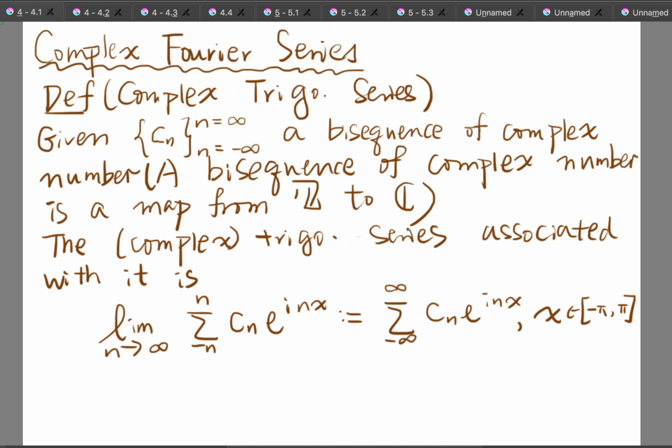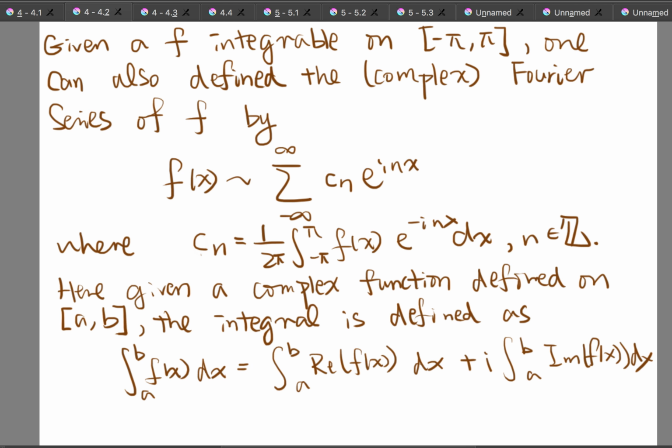And we define it as replacing this n by infinity. This is just a definition here, and we restrict our x to the closed interval negative pi to pi. We can also define what a complex Fourier series is.